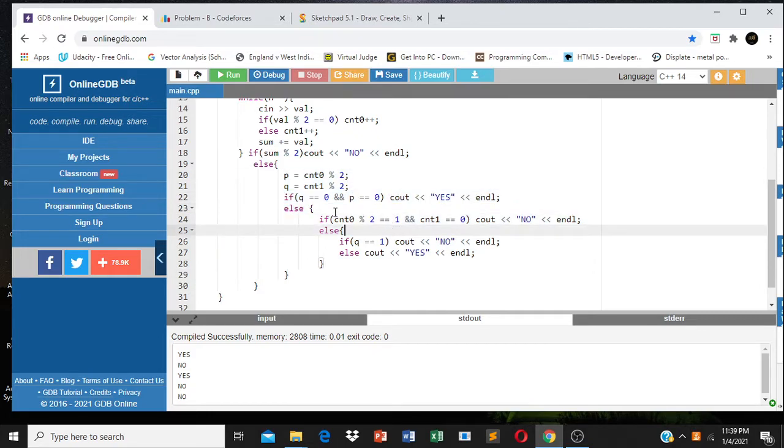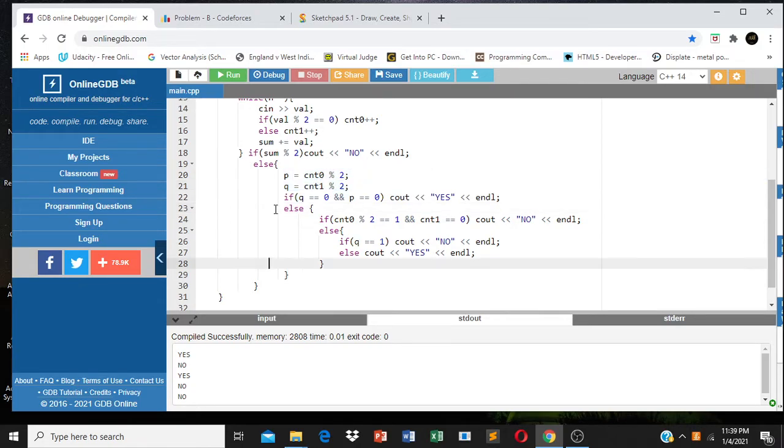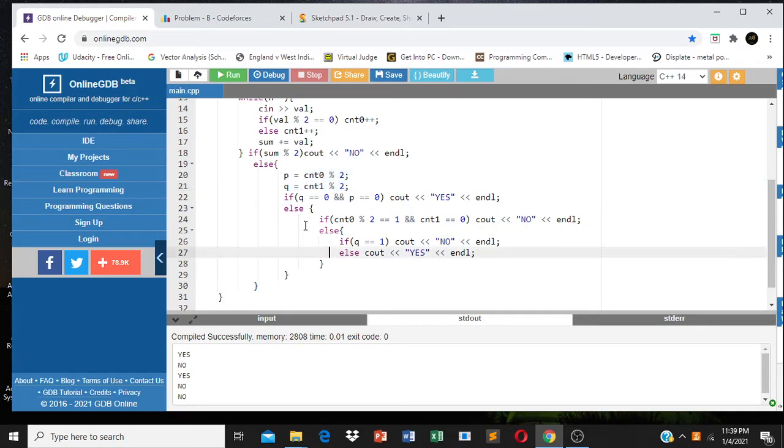First I checked whether P and Q, both of them, are zero, which actually means whether the count of 2s and the count of 1s are even.